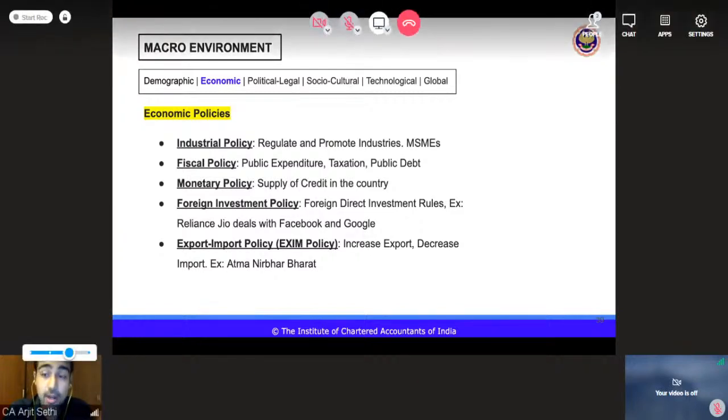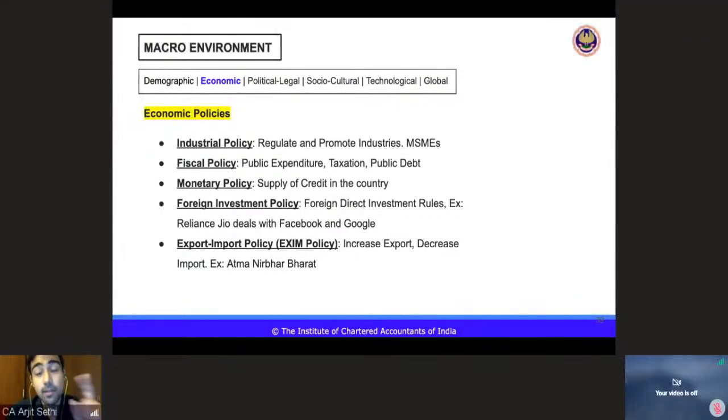Why is that? I would request you to go to Google and search why inflation is good for a developing country and bad for a developed country. Inflation is good for a developing country like India, but bad for a developed nation like some countries in Europe or the USA. That is a task for you. It is a very interesting topic if you read it.